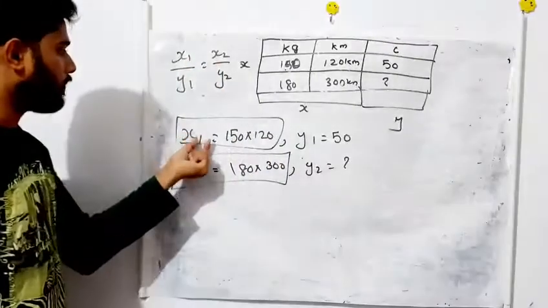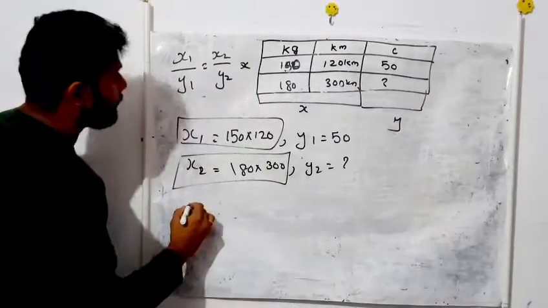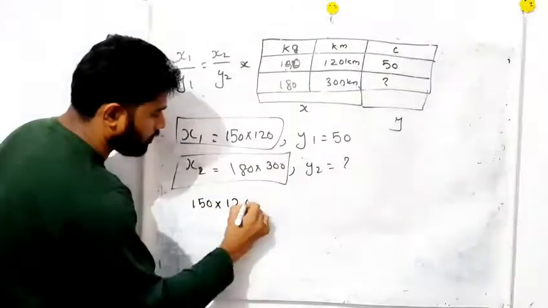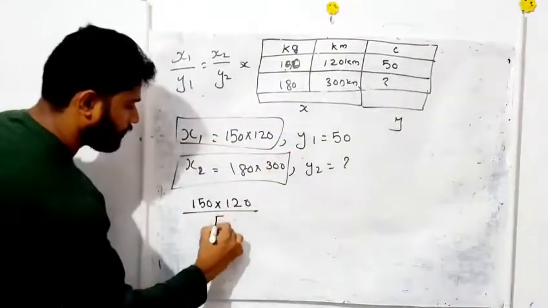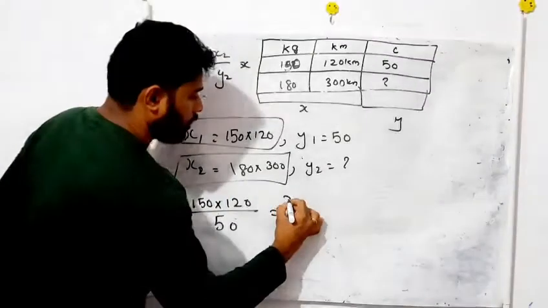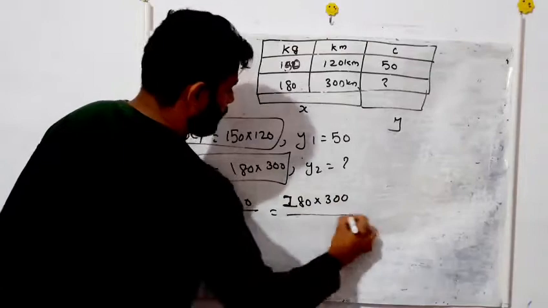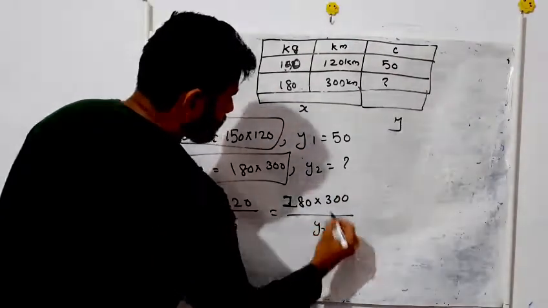In the place of x1, we can write 150 into 120, divided by y1, which is 50, equal to x2. In the place of x2, we write 180 into 300, divided by y2, which we don't know.